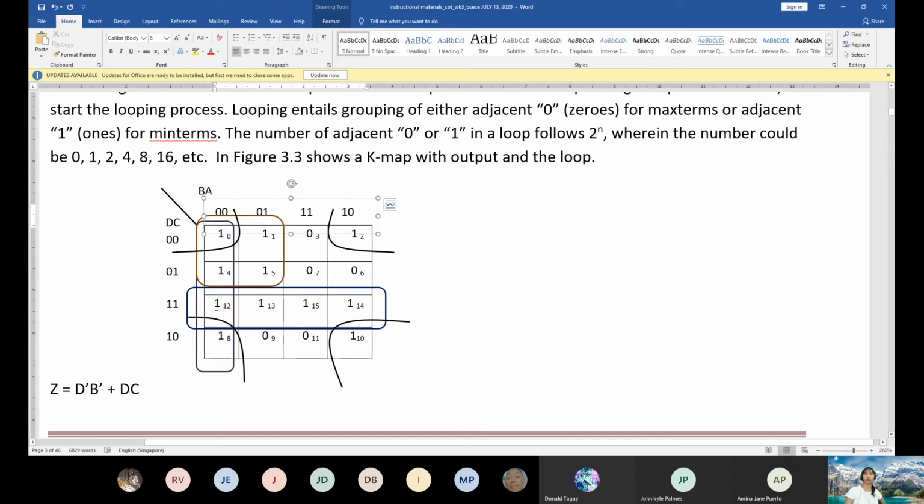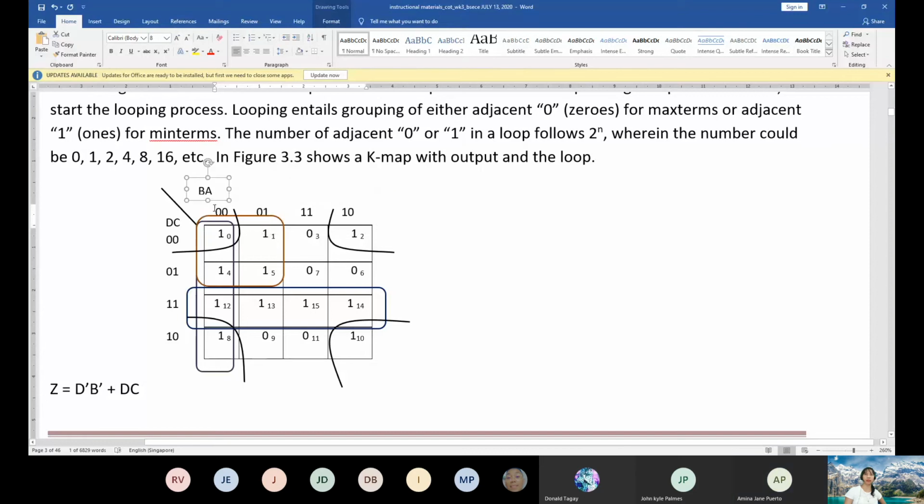Then compare A to A: 0, 1. What will happen to A? Eliminated. A is eliminated outright because you have 0, 1.